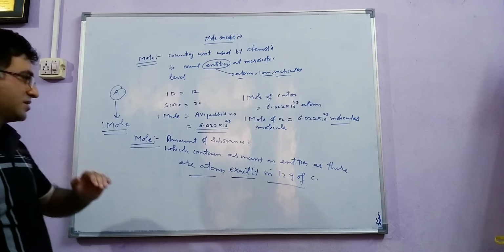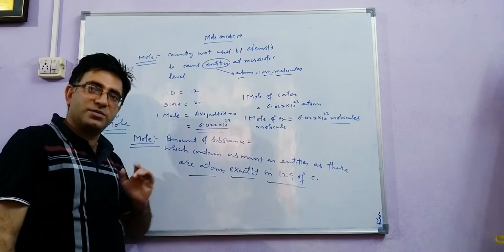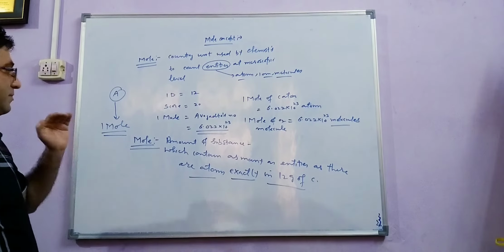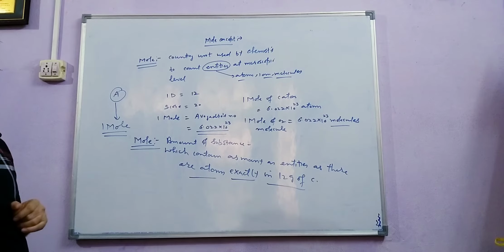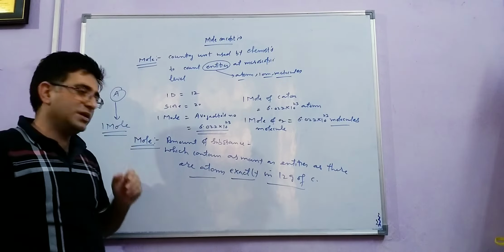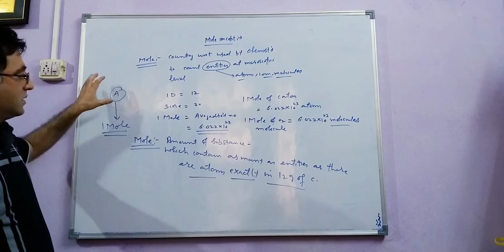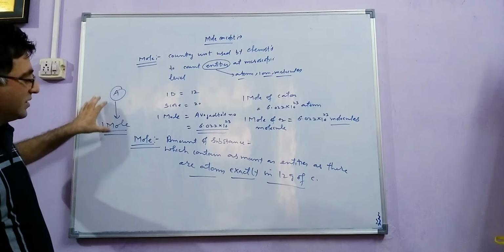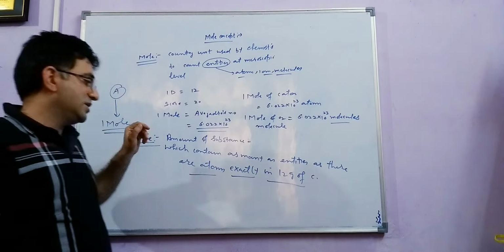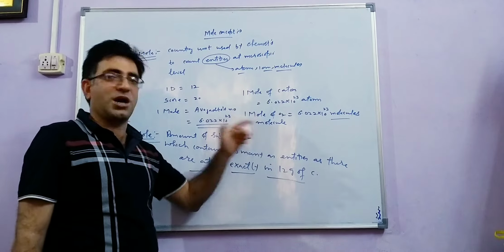Any substance which contains the same number of atoms as present in 12 gram of carbon is said to have 1 mole of substance in it. किसी भी सैंपल का वो अमाउंट 1 मोल माना जाता है अगर उसमें उतने ही एंटिटीज हो जितने 12 ग्राम ऑफ कार्बन में है.